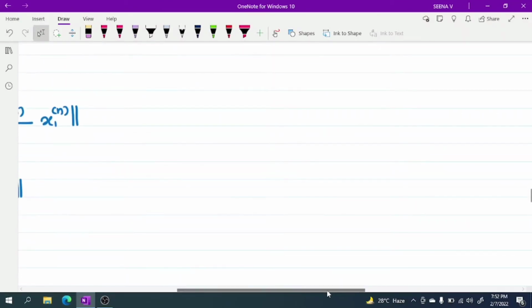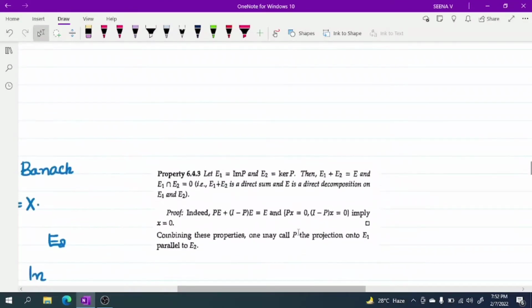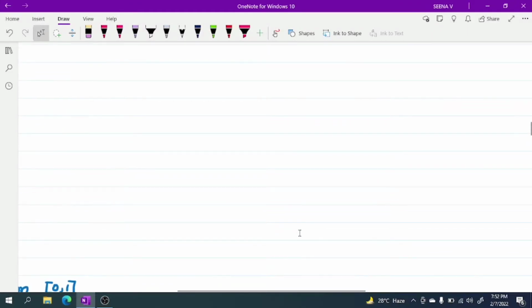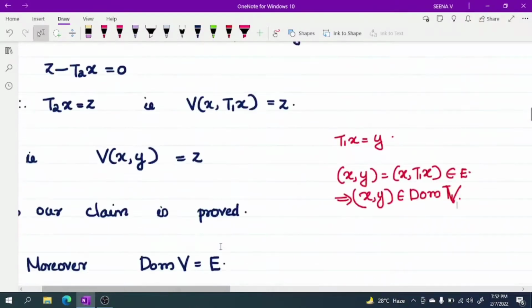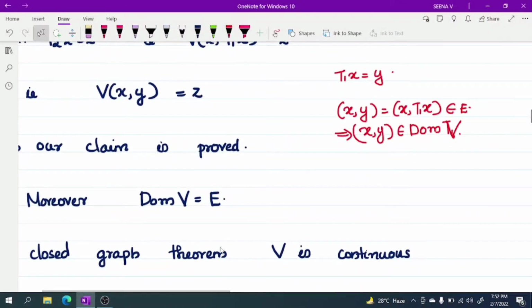Just recall: let X, Y be Banach spaces, A from X to Y be a closed graph operator with domain of A equal to X. Then A is continuous. So here V is continuous.